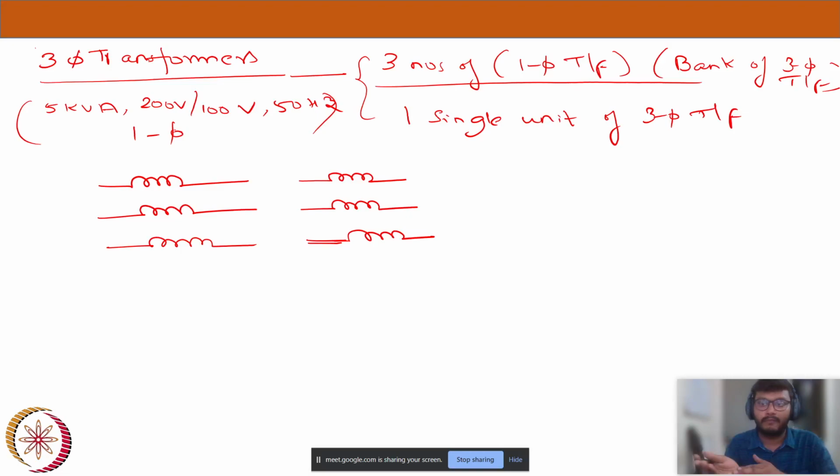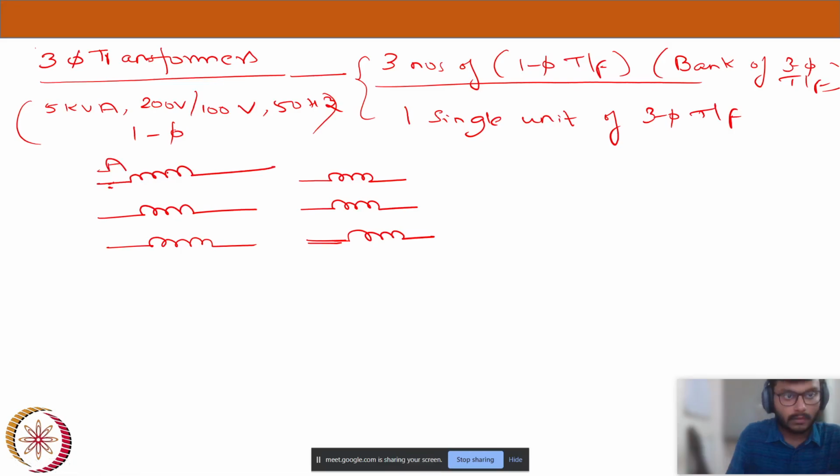I am using capital letters for the HV side: A1, A2, and the secondary side, LV side, we will use small letters, small a1, a2.